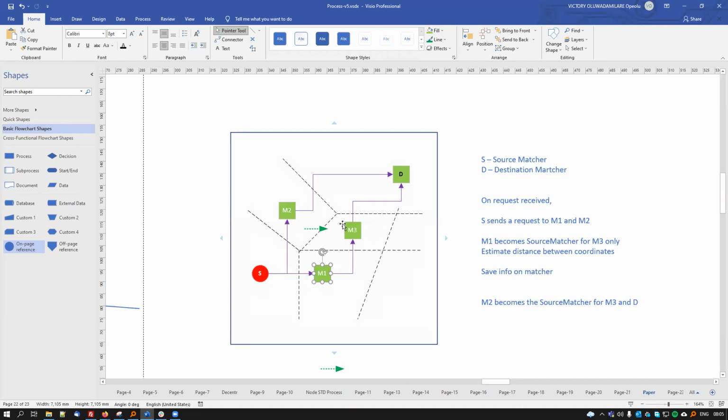Essentially, the idea is to have a packet or a request sent and received only once by the relevant nodes. Does that make sense? Yeah, it does.